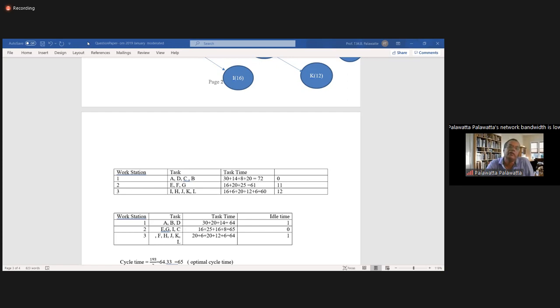And then the inefficiency, the balance delay, is going to be 44.4.